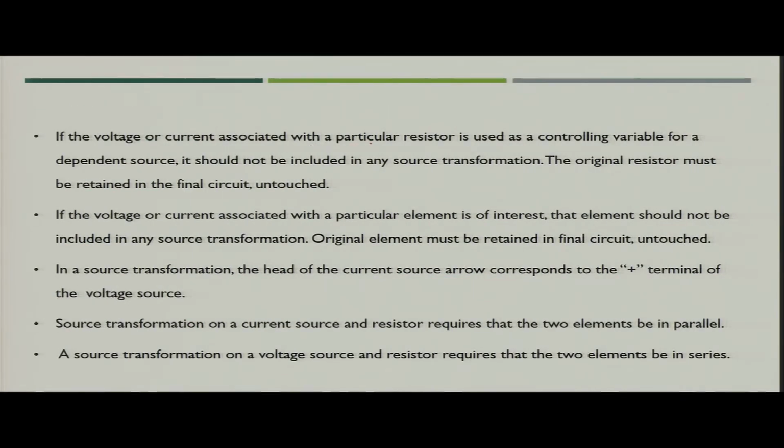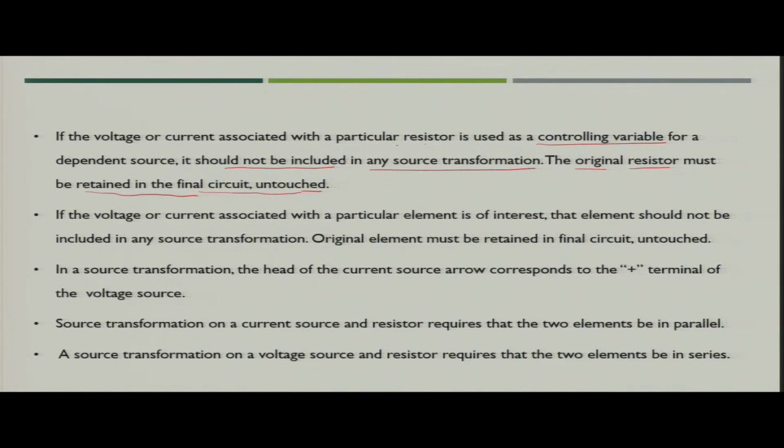Now, if the voltage or current associated with a particular resistor is used as a controlling variable, then what will happen? In that case it should not be included in any source transformation. So, in that case your original resistor must be retained, so that in the final circuit, when we process the information related to voltage and current and try to find out the variable value, the dependent source parameter is untouched.